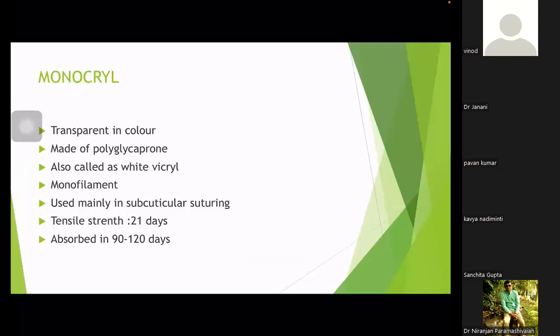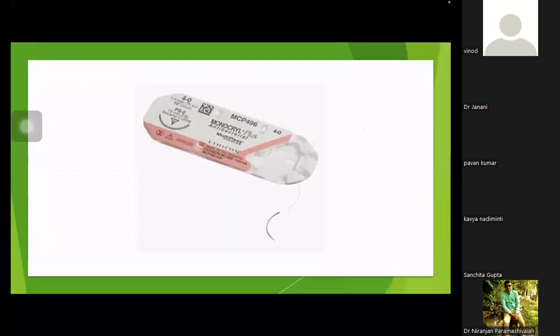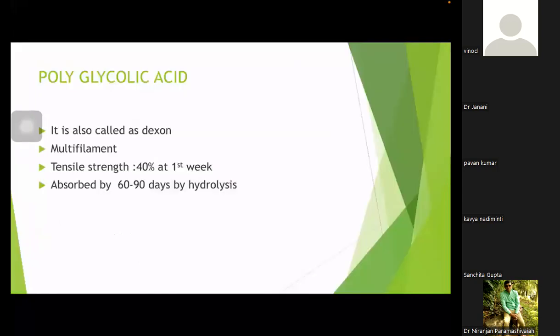I've told him to change it, he has not done that. He has kept all the trade names. It can be used for gut anastomosis also, not just for subcuticular.